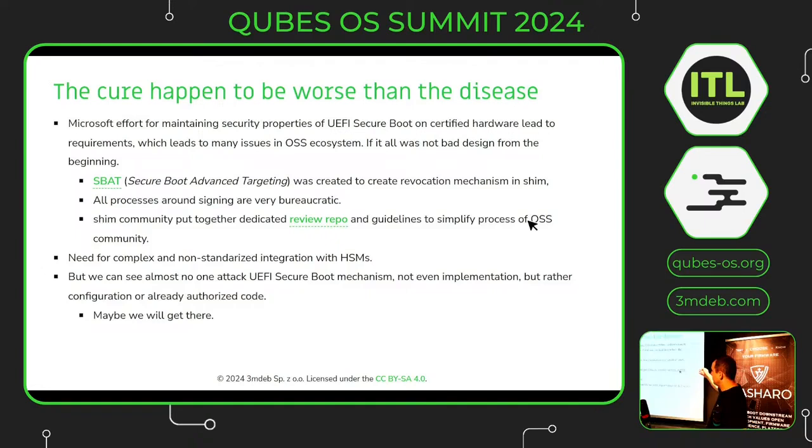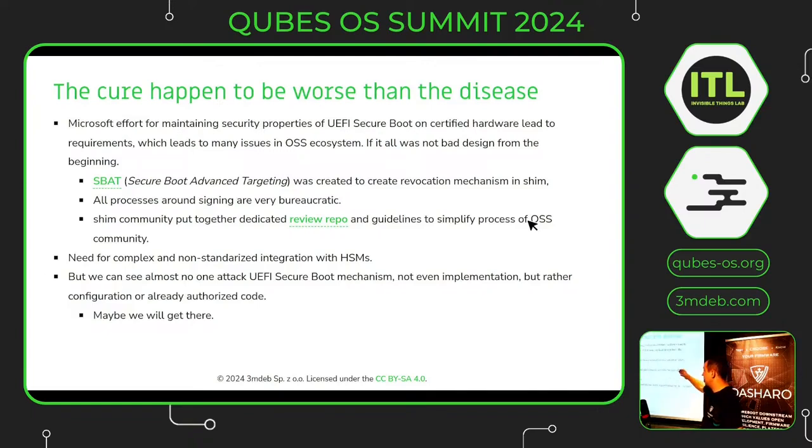And of course, the process of signing shims is very bureaucratic. It's extensive. I know Kamil already sent an application on behalf of Qubes, I guess, or tried to. I saw the repo prepared for that, and he's attending the calls. So yes, Kamil is on that.